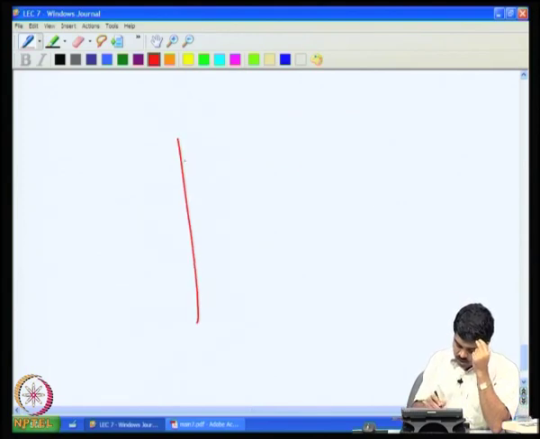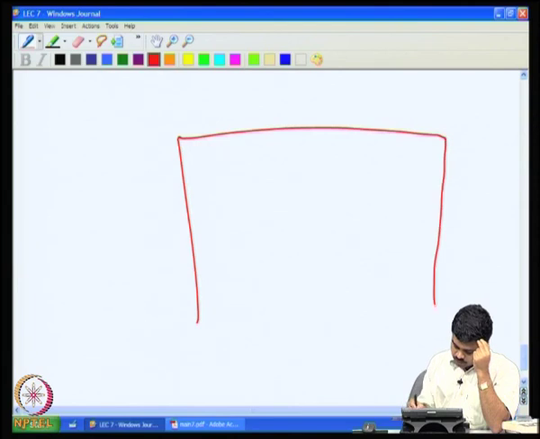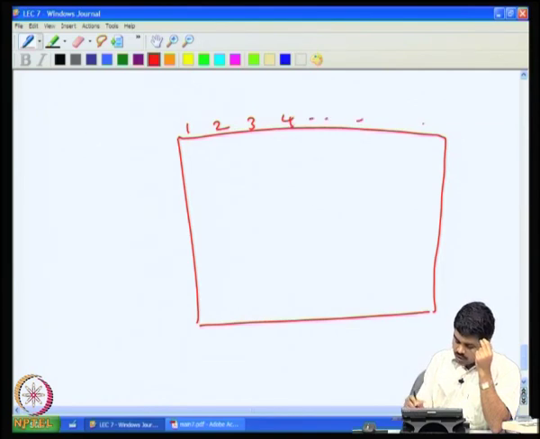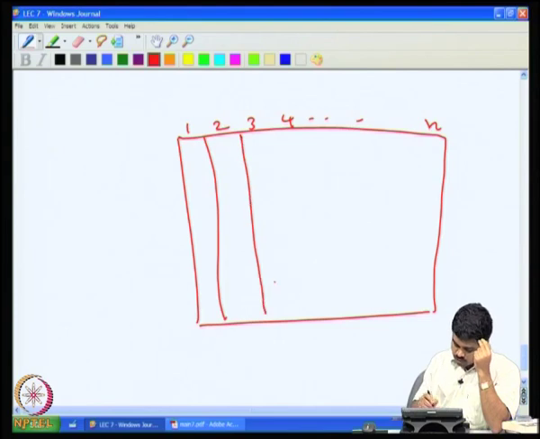So, let us make a table. I will write down the number of vertices 1, 2, 3, 4 up to n here, and then I will put columns here for each of them. This is for the sake of explaining.